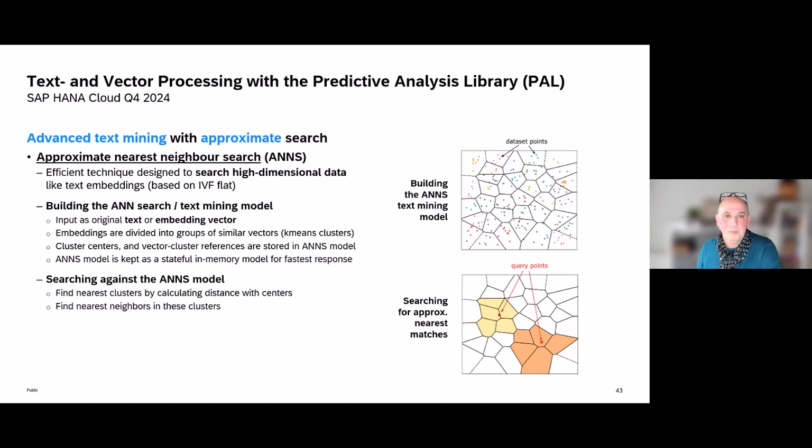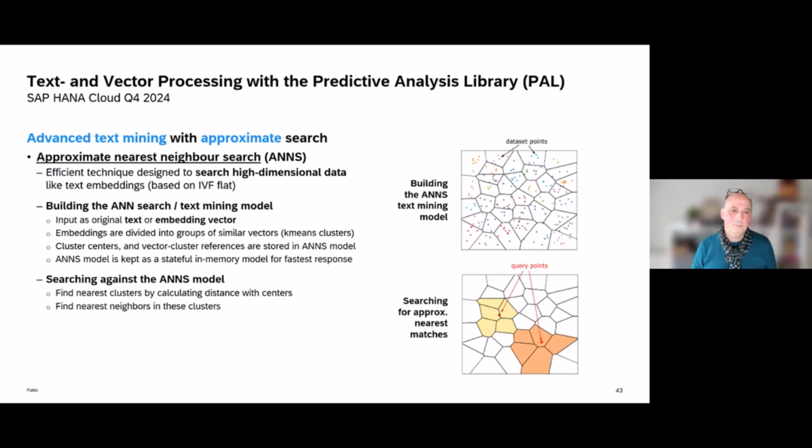The text mining function here doesn't build on the original text itself or term frequency analysis, but rather the text embedding model, which we can pass into the function directly, or we can also pass in the original text. And it's based on an approximate nearest neighbor search, which implies that it basically has two phases.